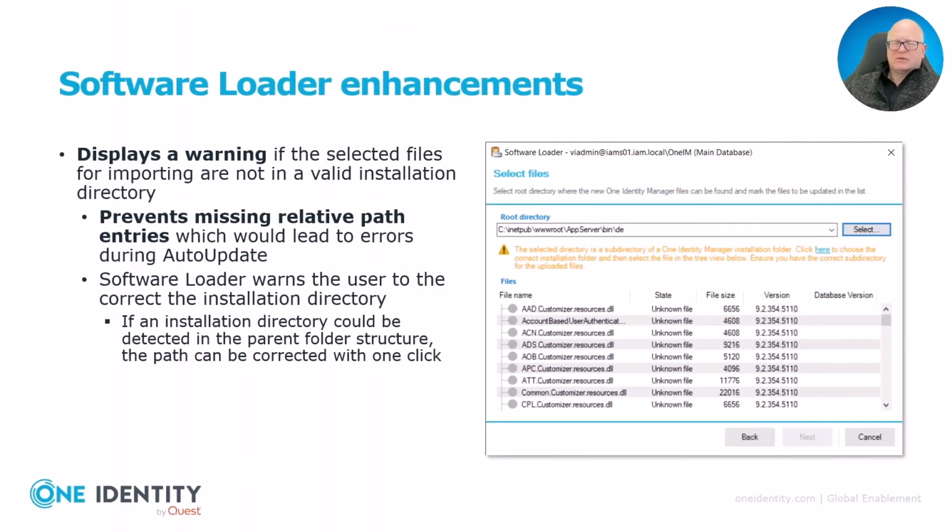Software loader enhancements. That is a little bit hard to discuss, but I will try it. Typically, all the files stored in the database for the auto update need specific path information. Think about Angular, for example, or some other tools where in some bin directories or so some files have to reside, and these base directories need to be configured in the database.